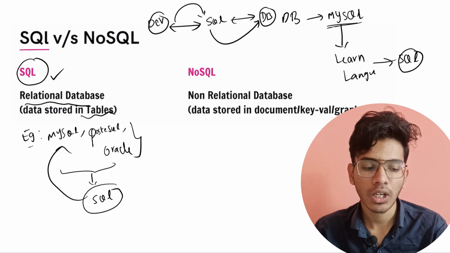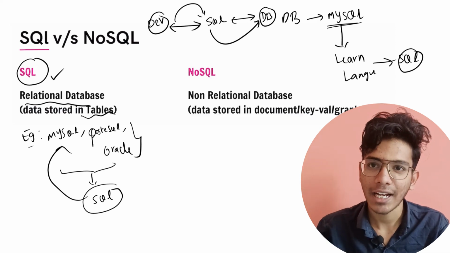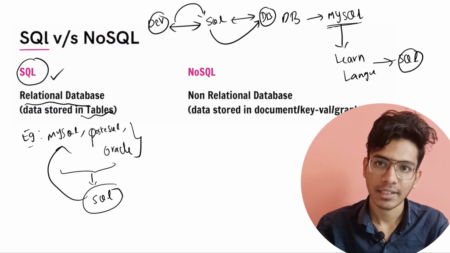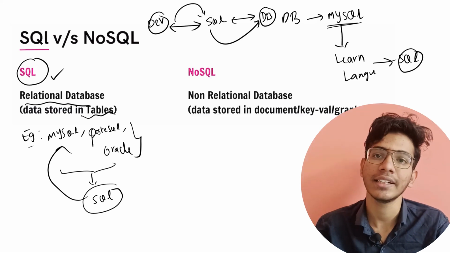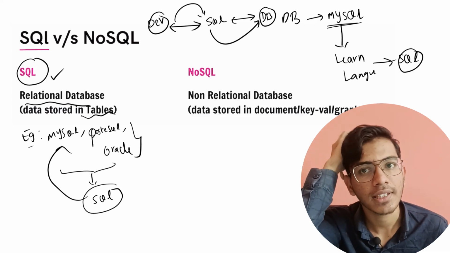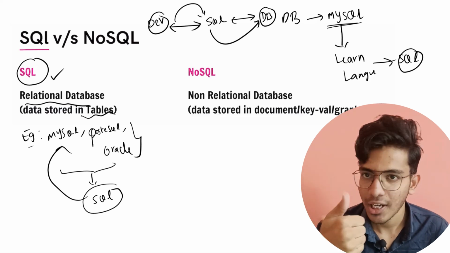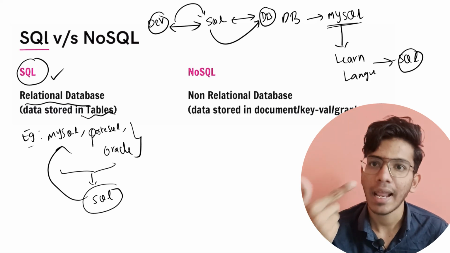So SQL is a language which is used to interact with relational databases, and relational databases store the data in the form of tables, in the form of rows and columns. Examples of relational databases are MySQL, PostgreSQL and Oracle.